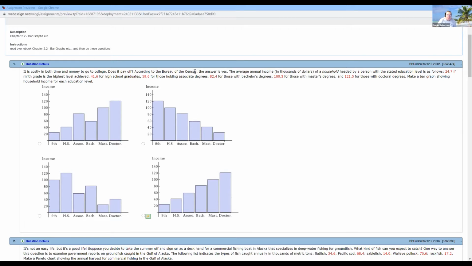According to the Bureau of Census, the answer is yes. The average annual income in thousands of dollars of households headed by a person. I know they're phrasing it some weird way, but this is just government jargon. We're talking about households here.